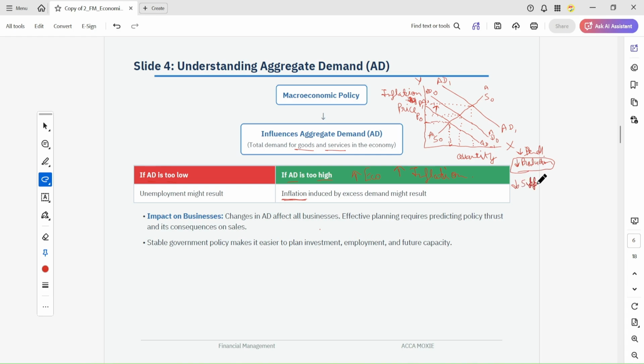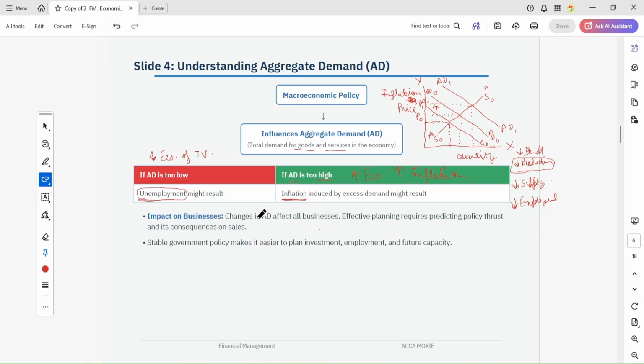Okay, supply will be reduced. When the supply is reduced, which means that there is no need of employees. So employment will be reduced. So there is no need of employees. So there is high unemployment.